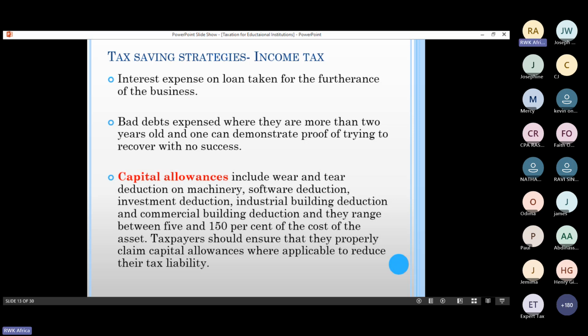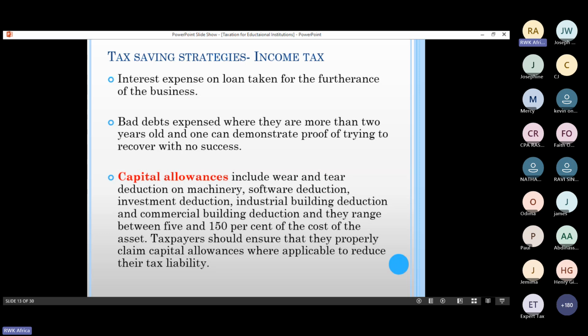So it's good to ensure that for each and every loan that you have received from a bank or even from a local company, any interest that has been charged has been expensed under the finance cost, so that it can reduce the profit, thus reducing the tax. So that one, you are reducing the tax in a legal way.